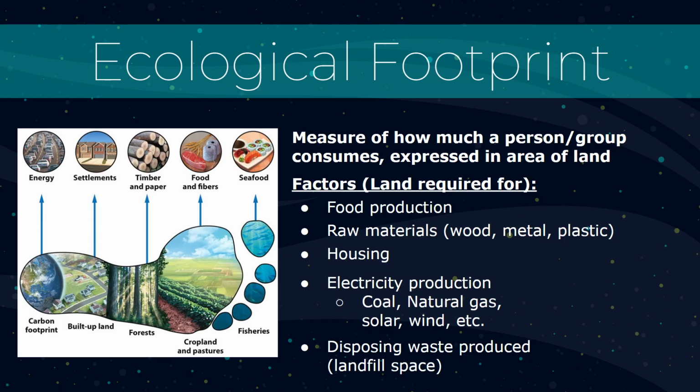We have to account for the land that's required for our energy production. Finally, we also have to account for waste. All of the waste that we produce, the garbage, this is going into a landfill that takes up land as well. All of those factors go into the ecological footprint for either an individual or for an entire group.